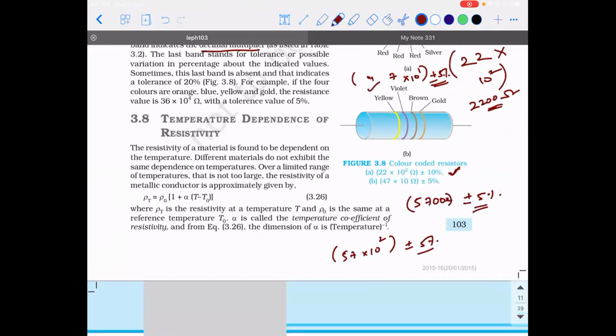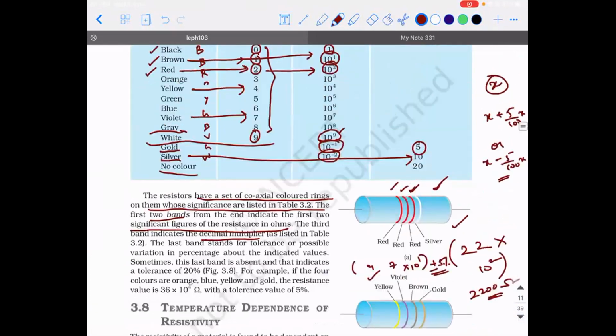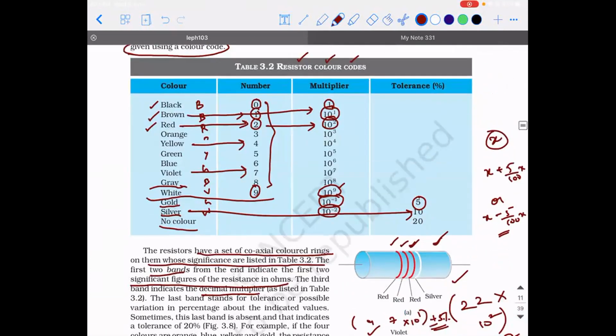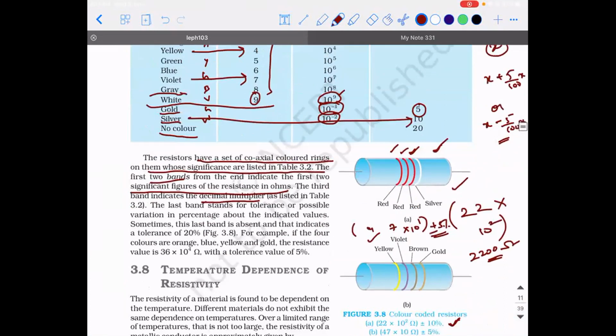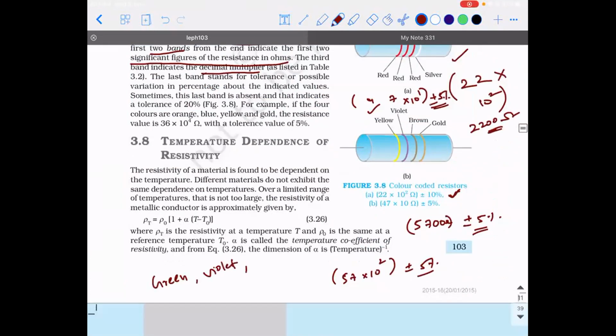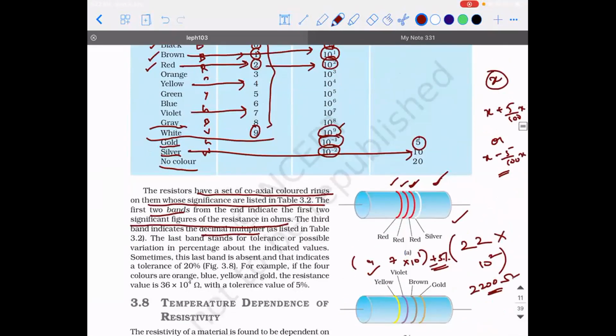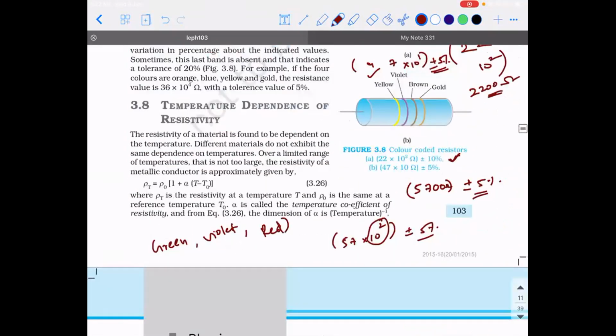So 5 stands for which color? Green. 7 stands for which color? Violet. Then 10 power 2 stands for which color? It's red.